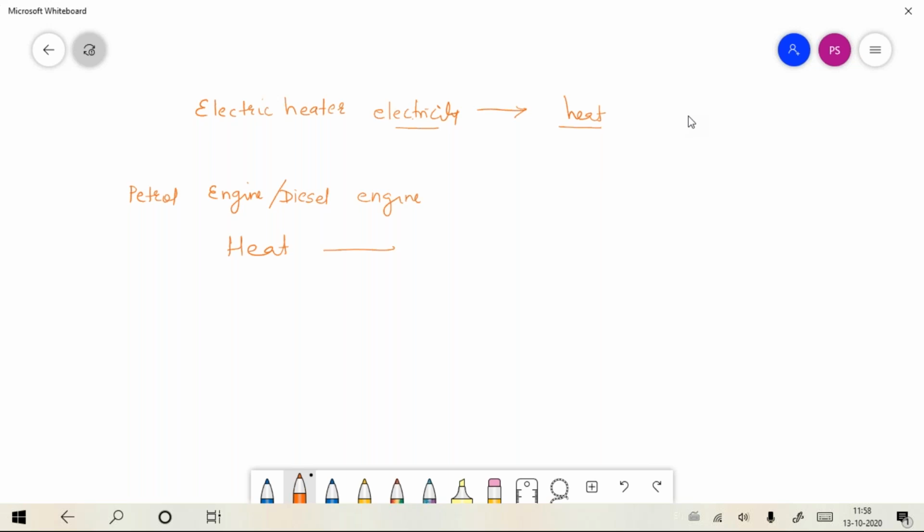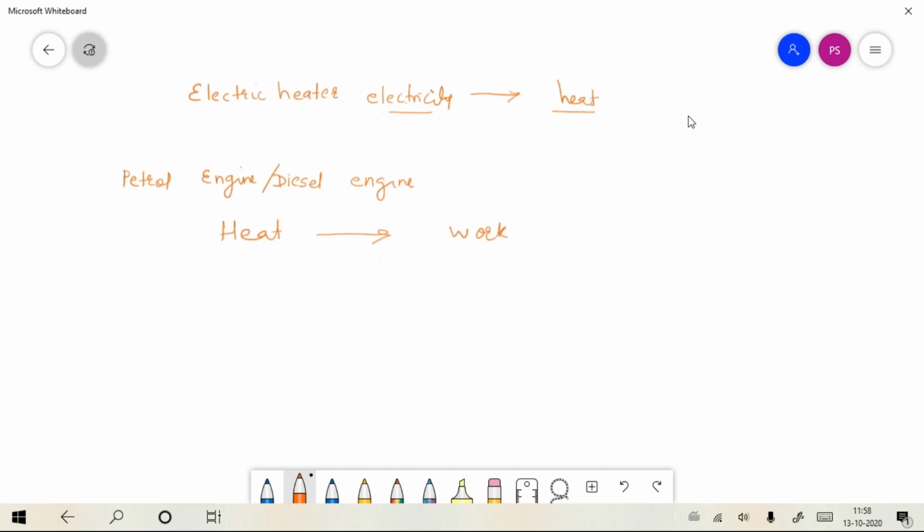Now, if you ask what is the theoretical efficiency of the electrical heater and what is the theoretical efficiency of the diesel engine, and the maximum efficiency, can you give some number?